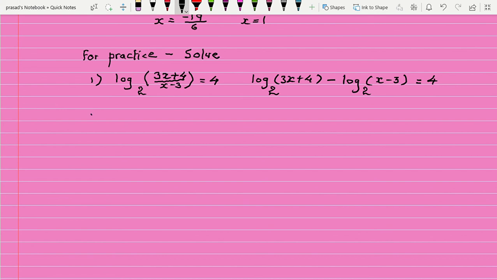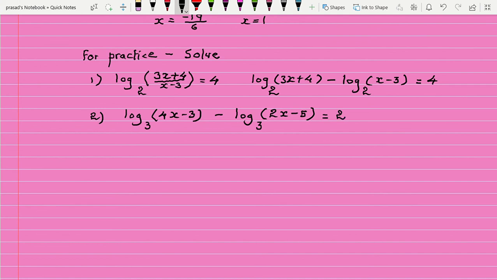Now second one here, log 4x minus 3 to base 3 minus log 2x minus 5 to base 3 is equal to 2.